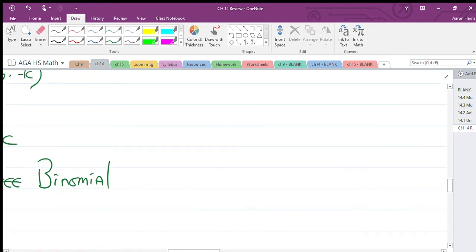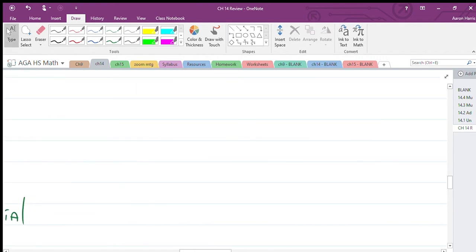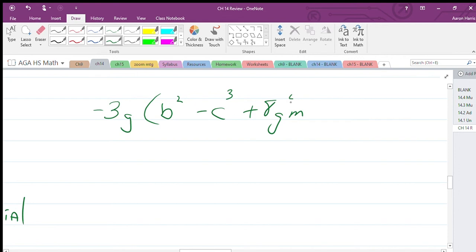Okay. Now, here's the combination. So 3, let's put a negative. And let's put g. And I want to multiply it by what? B squared minus c cubed plus 8g to the fourth m, minus 6x plus 8z minus 9.